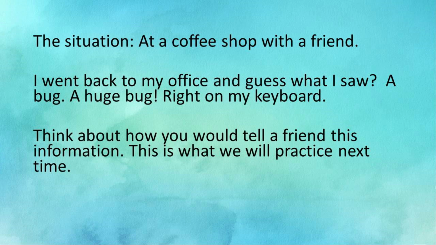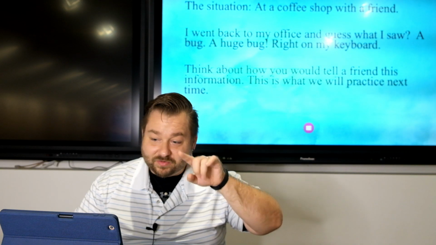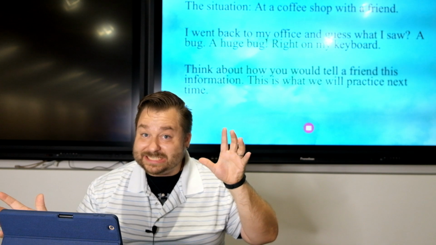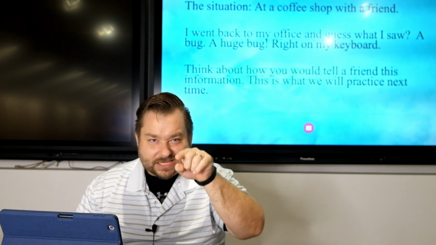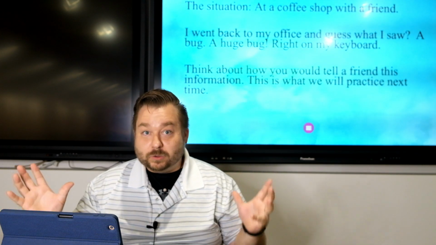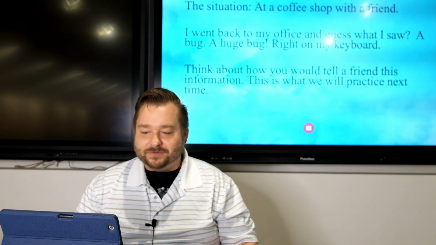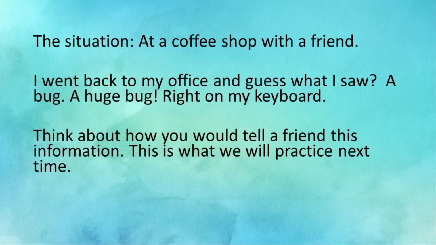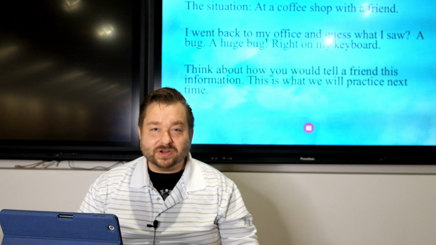A bug, a huge bug, right on my keyboard! Now there are some hints right here. All of our pauses are pretty easy to see, but we see an exclamation point. What is that going to do? Think about what you would say to a friend if this happened to you. How would you say it? That's what we're going to do in our next lesson.